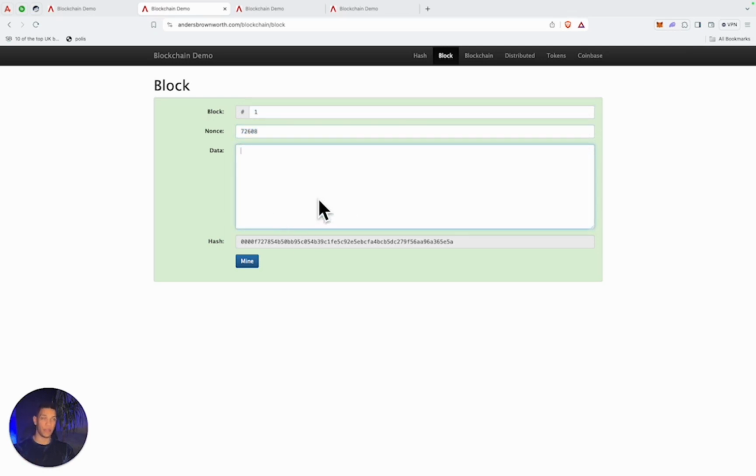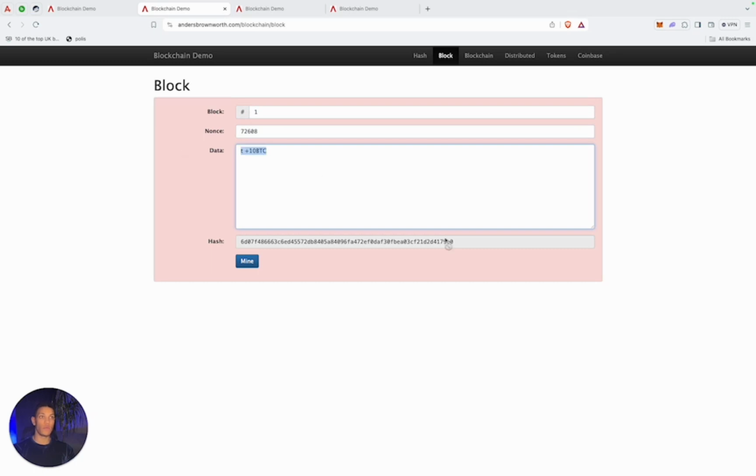The block is mined already, so if I try to change anything in the state of the blockchain, the hash changes with it. Why? Because the hash is made of these three pieces of data.